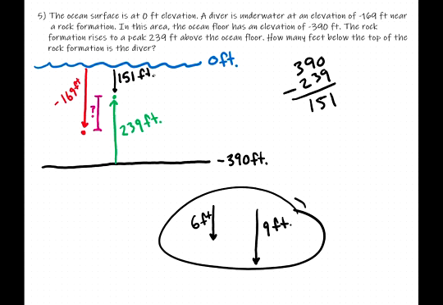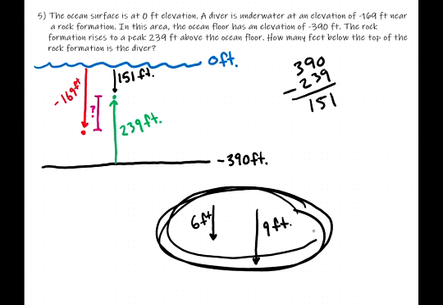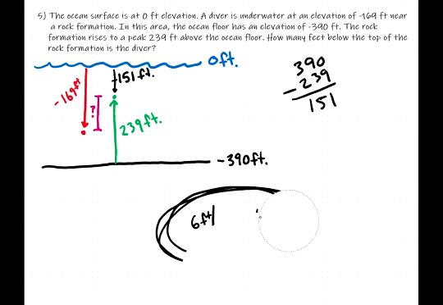So now it's similar to this. If the diver is down 169 and the rock is down 151, how far apart are they? Let's put a negative sign here to say down 151. And now the difference, just like the difference between being down 9 feet and being down 6 feet is 3.